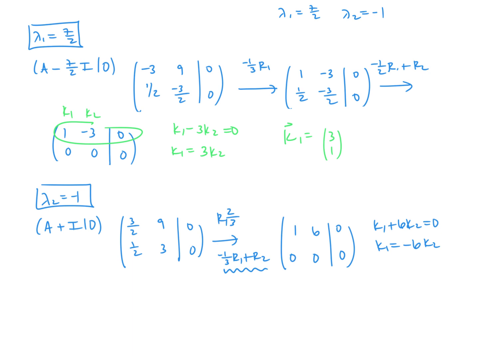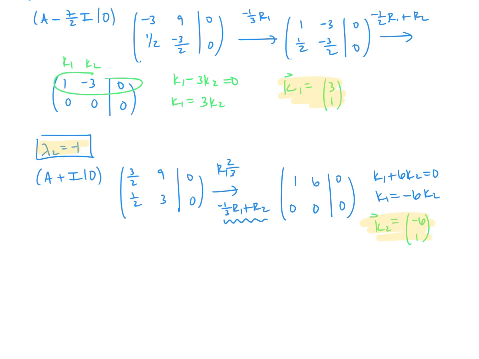So that gives me my second eigenvector then. I can choose whatever I want for K2. So then that makes K1 -6. Okay, so where I'm going with this then is I have an eigenvalue, the corresponding eigenvector, eigenvalue, the corresponding eigenvector. So I can use all of this now using that theorem to write the general solution.